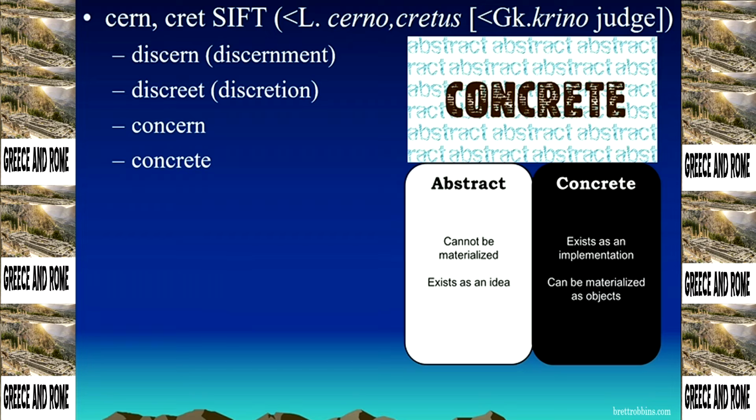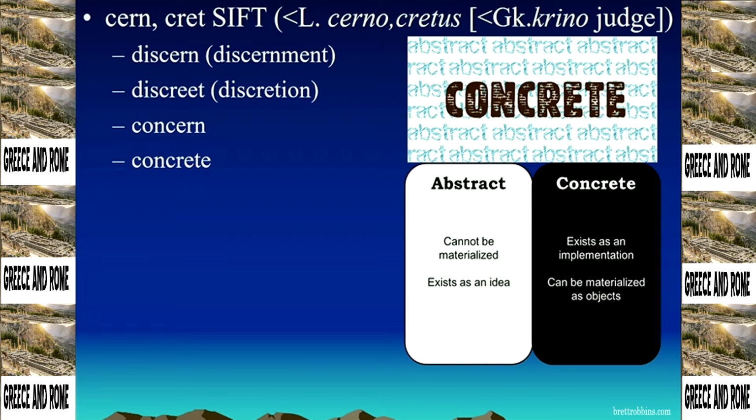And so concrete, what's that? Sift with, sift together, just like concern. But as we're used to now, you're using the same root in two different ways. To concern yourself with something is to sift toward it, to go toward it, to feature it. And when something is concrete, you're sifting with in the sense of building up.